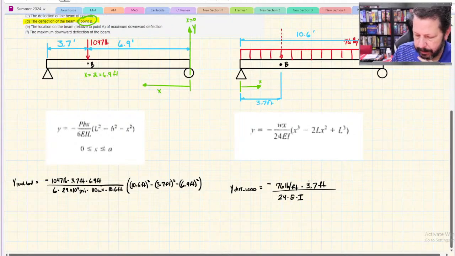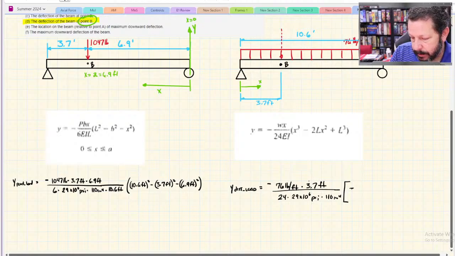Times E times I. Well, let's put the values in there. E is 29 million PSI. I is 110 inches to the fourth. X cubed.